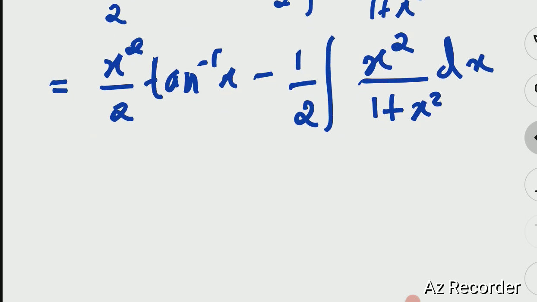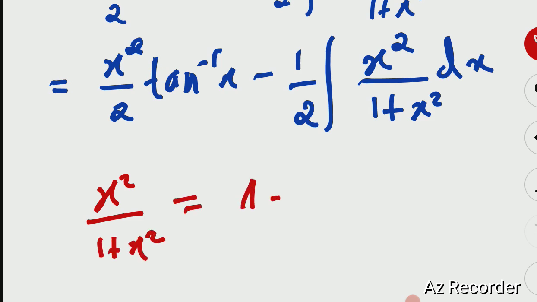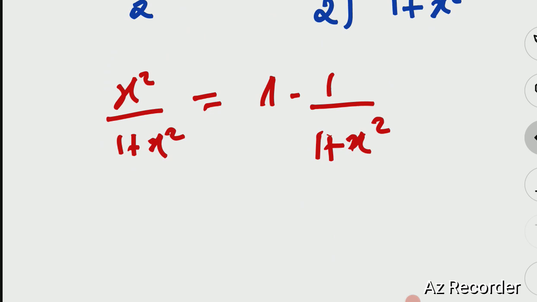So from here, x squared on 1 plus x squared is identical to 1 minus 1 on 1 plus x squared. Yes, all this is identical to that.